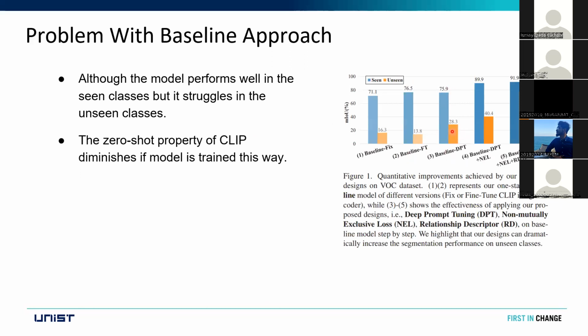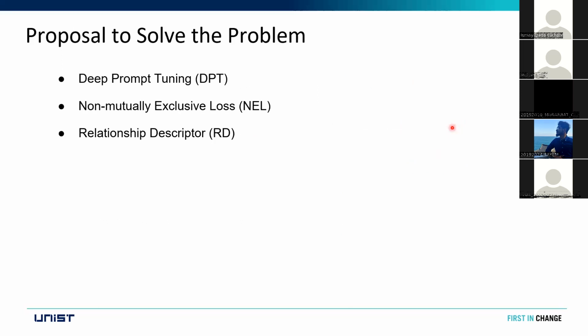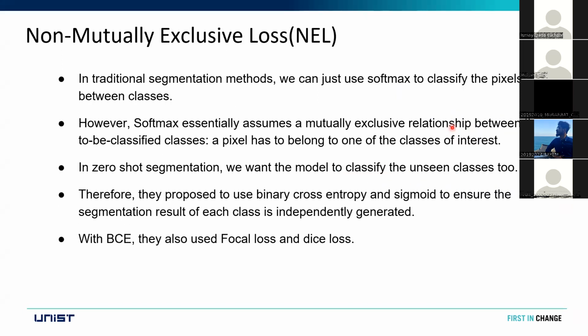We can see previously the unseen classes accuracy was 16.3 and 13.8, but using deep prompt tuning, we got 28.3, so it improved accuracy a bit. Then the next one, they proposed another loss function.